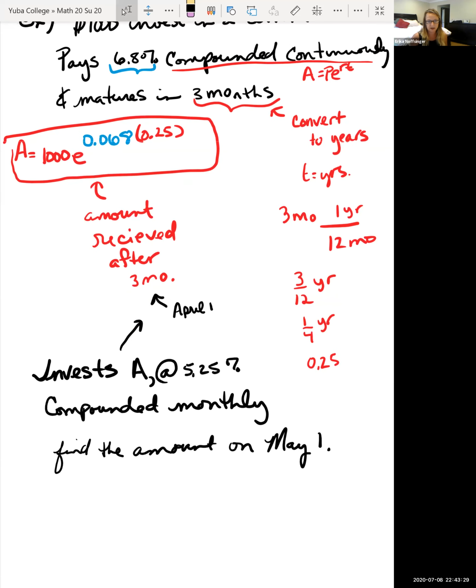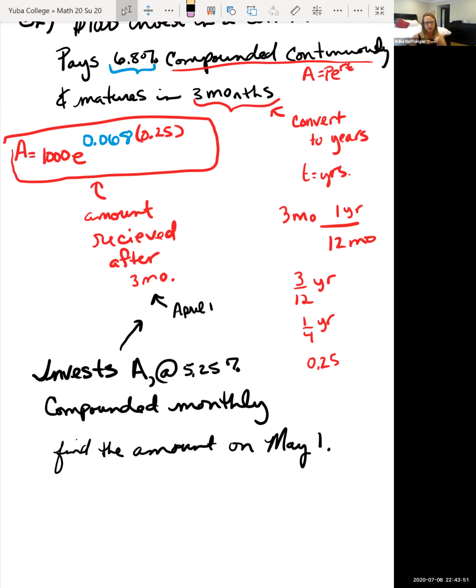Okay, so let me first think about that May 1st. Let's see how long she's actually investing this amount that she got from her certificate into this passbook. Well, if she got back her money, let's say April 1st, it matured, and she invests it right away, she has how many months?